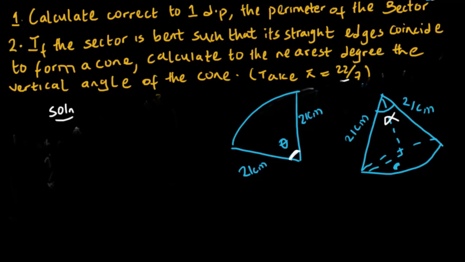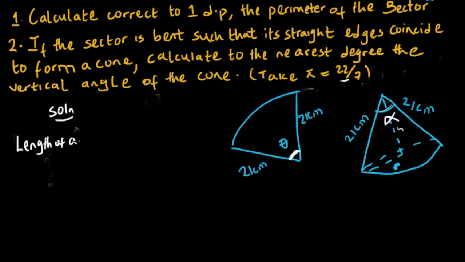Does that make sense? Now the only way we can find this angle is if we know the radius or if we know the vertical height. But we don't know any of them. So how do we find the small r, the radius of the circular base? Now you need to remember the relation at the beginning of this video, and that is length of arc. Can you remember?